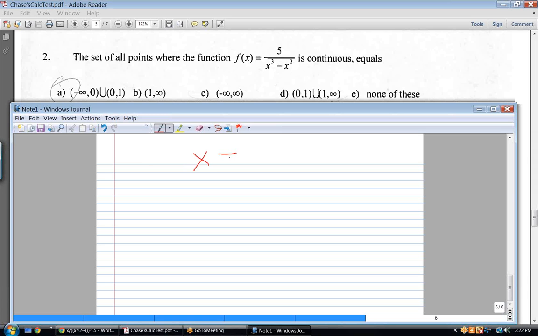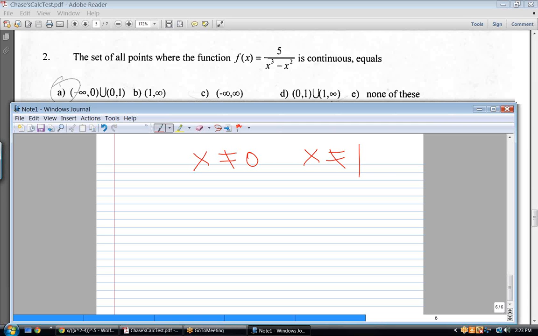So x can't be equal to 0, x can't be equal to 1, and I don't think there's any other number where cubed is equal to the same thing squared. So I think that's the only two spots.